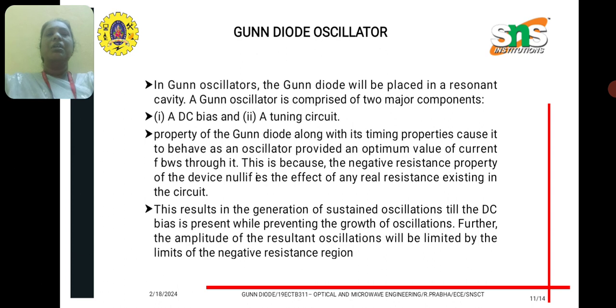This is because the negative resistance property of the device nullifies the effect of any real resistance existing in the circuit. This results in the generation of sustained oscillations as long as the DC bias is present, while preventing the growth of oscillations. Furthermore, the amplitude of the resultant oscillations will be limited by the limits of the negative resistance region.